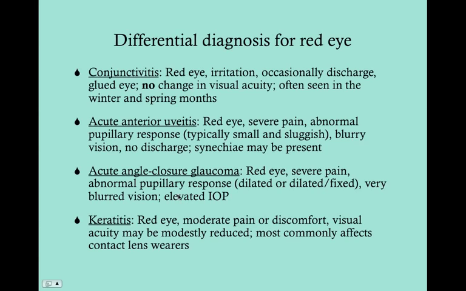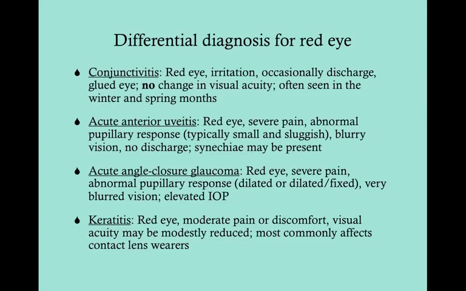In addition, with glaucoma, the patient is going to have an elevated intraocular pressure. There's an instrument you can use to measure the intraocular pressure, as long as you use some local anesthetic, and that will help you diagnose glaucoma.